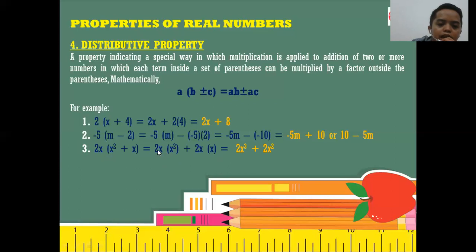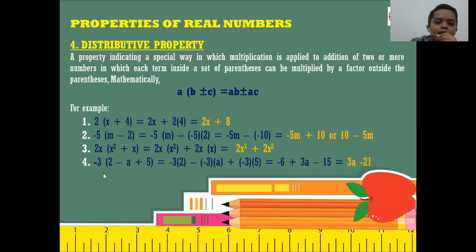You cannot combine x with the constant 2, so variable, then constant. So x cubed, then plus 2x times x, that is 2x squared. That is example number 3 for the distributive property.